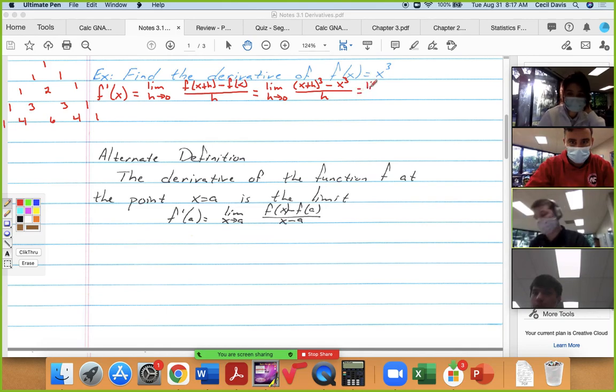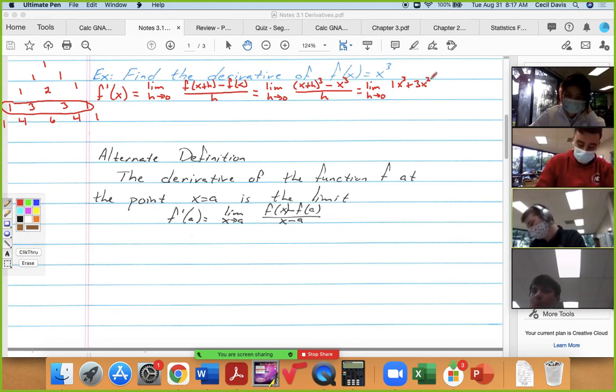So this is going to be the limit as h goes to 0 of, so I'm on the cube row, it's going to be 1x cubed plus 3x squared h plus 3xh squared plus 1 minus x cubed all over h.